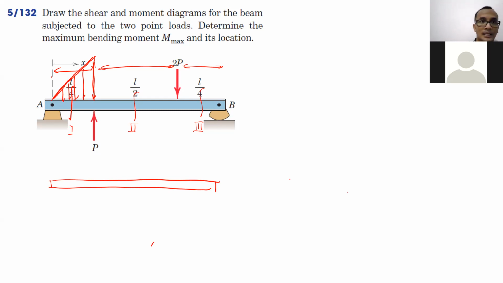Okay, but if the distributed force is not continuous, for example, it's going like this, because here there is a sudden change of distributed force. At the beginning it's going up, then after that it's going down.